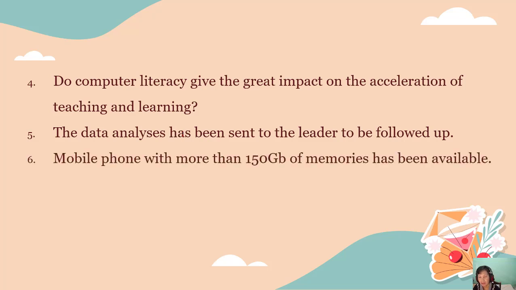Okay, the next is mobile phone with more than 150 GB of memories has been available. Mobile phone is the subject, has, okay, it is already correct. And then how about these memories? Memories can be countable and uncountable. When it shows something that we remember, we can have it in countable form, memories.